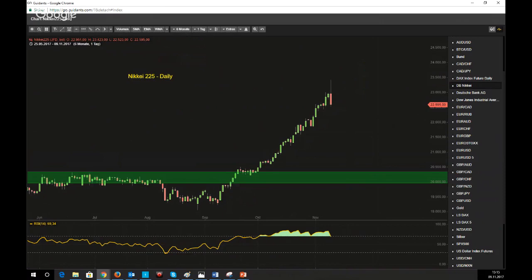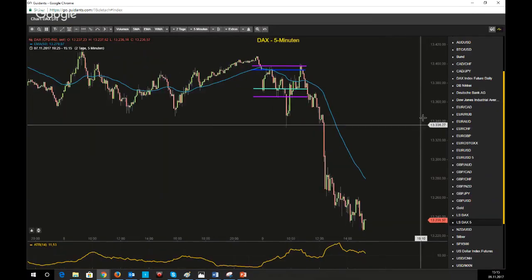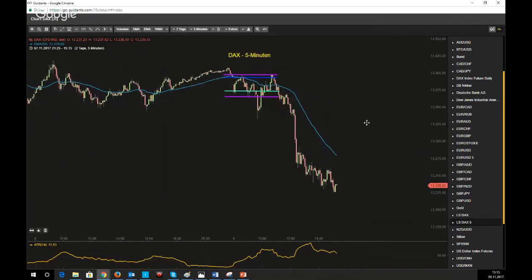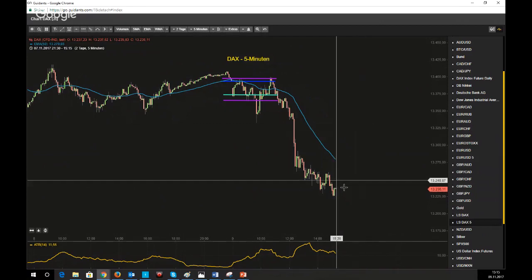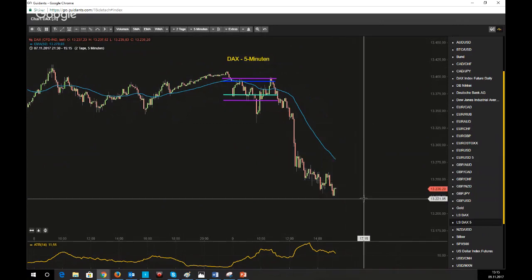But the thing is the following, and that's what I want to say. Even though it looks quite heavy, what we've seen so far, also in the European markets, right now I'm betting that today is probably the day on which the Dow Jones will finally come down, and this could then put another heavy weight on the DAX, causing it to tumble further and probably increase the potential gain I have made on this trade already.